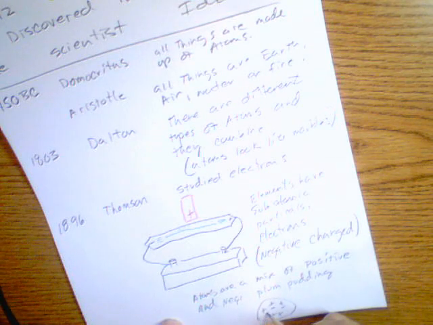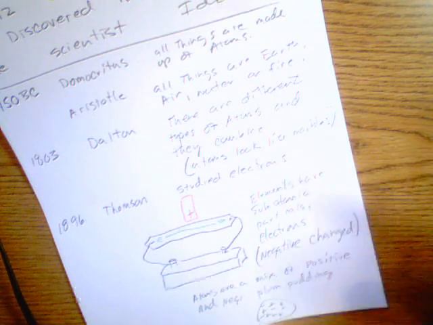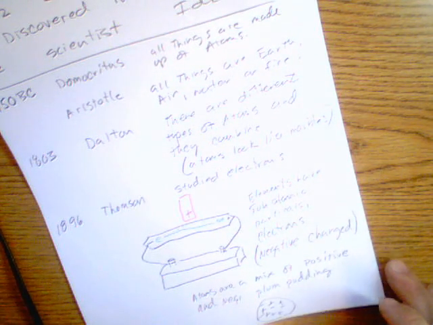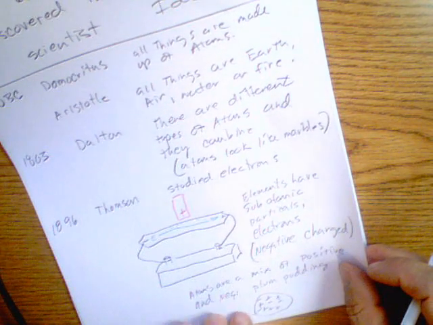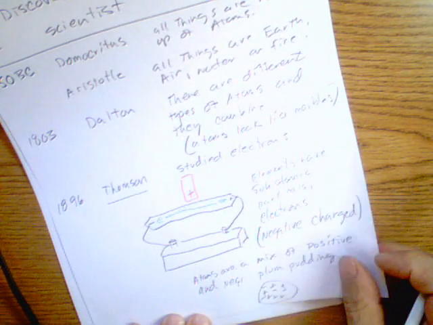There's no area for negative and area for positive. All right, so that's not accurate, and I don't want anybody to think that's accurate. But for J.J. Thomson's time, it was the best they had.